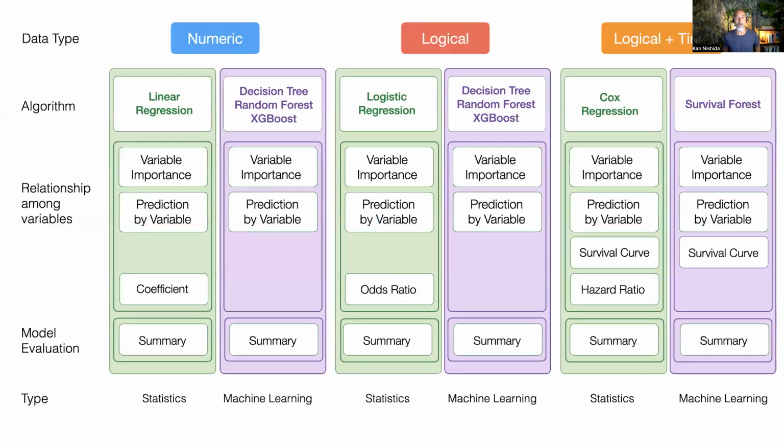All the prediction models depend on the data type you're interested in, like numerical target variables or logical ones. Then you decide which algorithm to use, either statistical or machine learning. But again, you have the grammar of analytics, so the information you should look at is always the same.